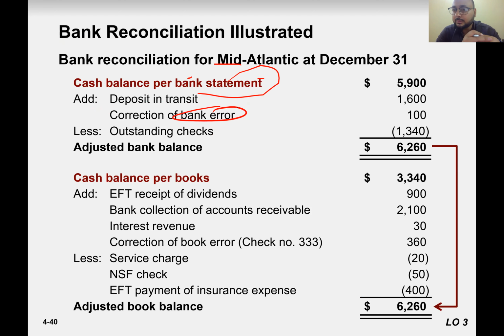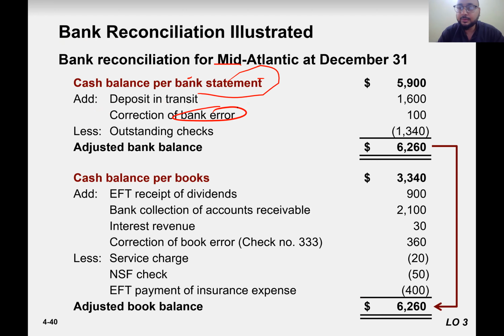What is deposit in transit? The customer paid you check, you deposit to the bank, and it takes time to clear the check. So money is in transit. So bank, they don't increase your balance until money is actually transferred. But according to you, you receive the cash, you increase the balance.